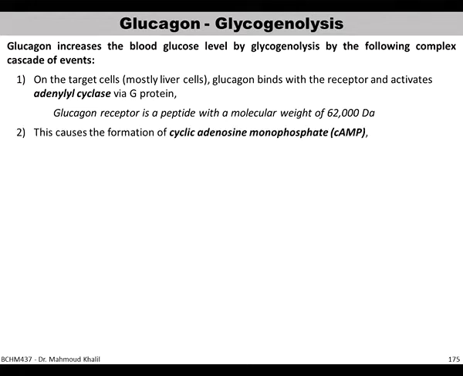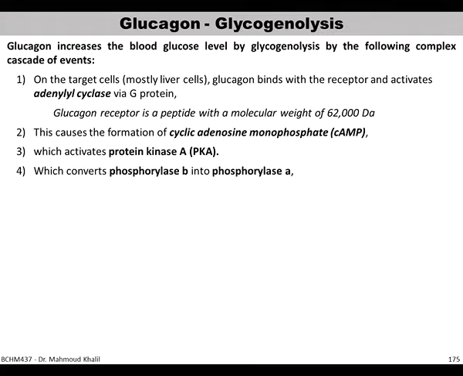This causes the formation of cyclic adenosine monophosphate (cAMP), which will activate protein kinase A. Basically, it is the same mechanism that converts phosphorylase B into phosphorylase A.